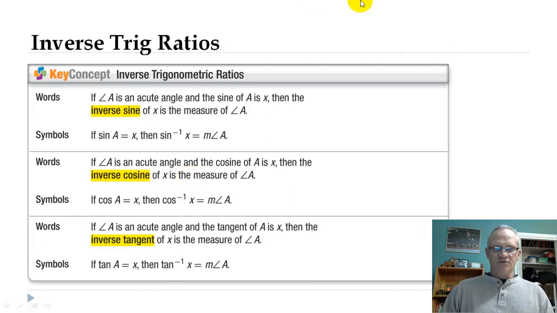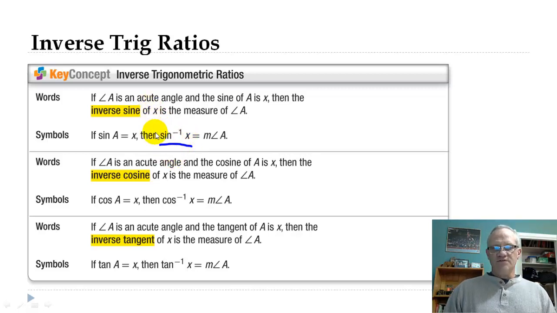Again, there's kind of a general rule here. One of the main things to keep in mind is this notation, sine with a little -1 up here of x. This is the notation for the inverse sine of x.